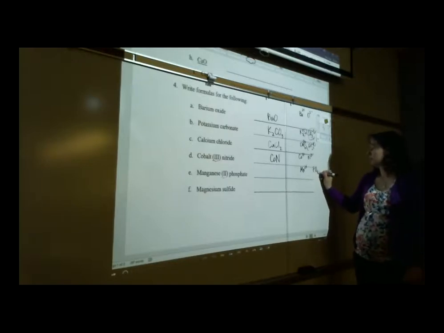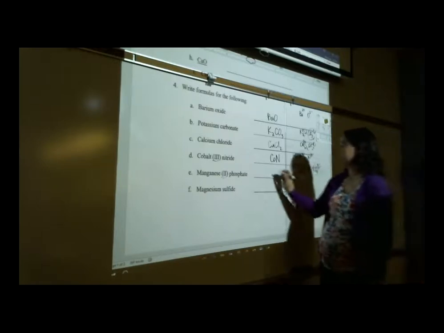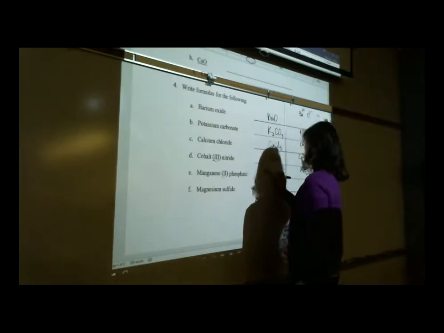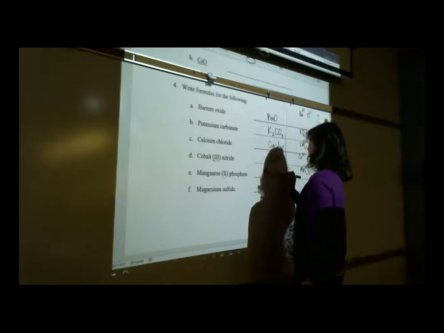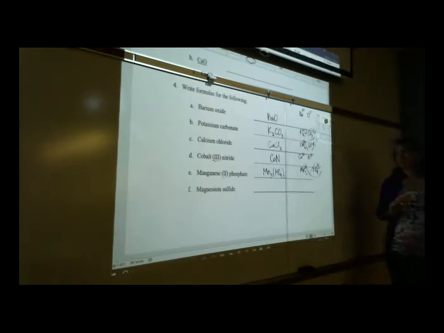All right, PO4 3-. So when I do this one, am I going to need parentheses? Yes. Mn3(PO4)2. Questions on E?